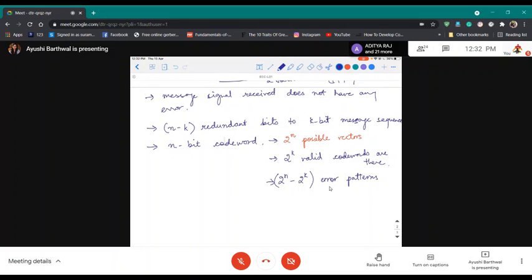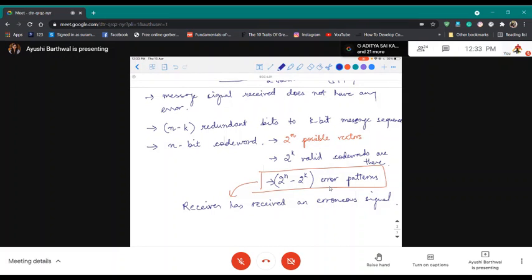And if your received signal is lying in this error pattern, that means your receiver has received an erroneous signal. Is this clear? Yes, ma'am. Okay, so this is how your channel encoder works.